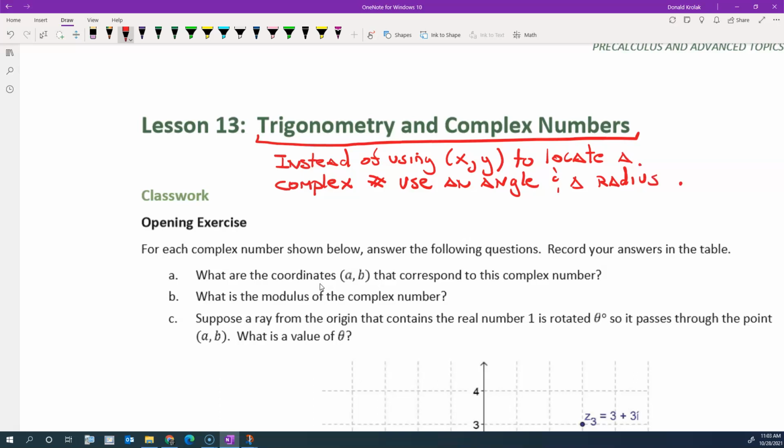This is called polar form of a complex number.